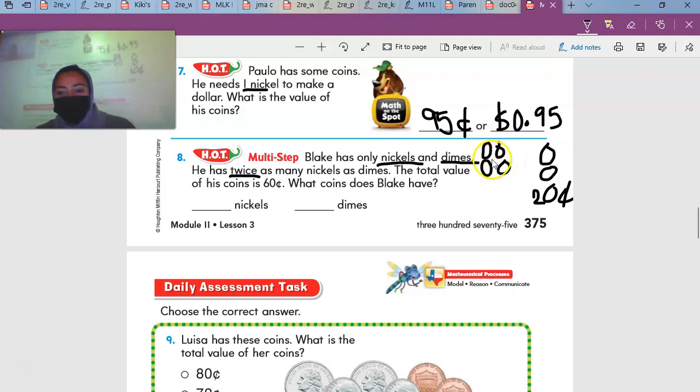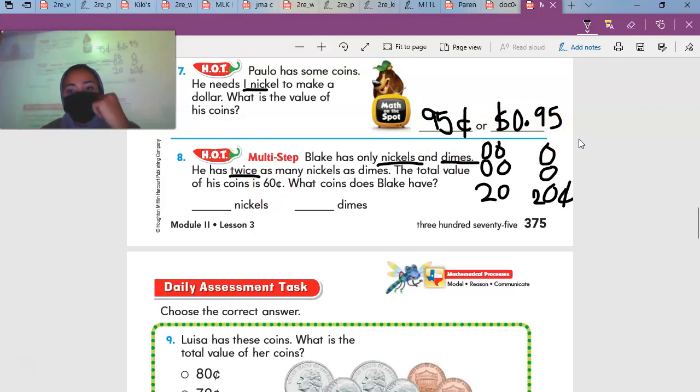And 5 times 4 is 5, 10, 15, 20. So 20 cents plus 20 cents is 40 cents. Is that right? No.